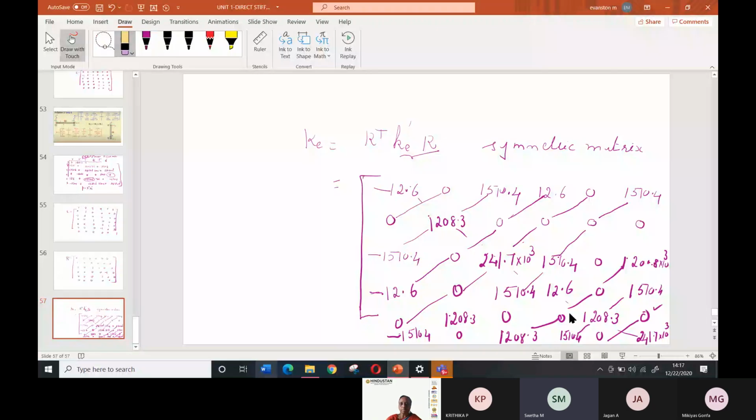That's the way, if you are committing any mistake in your calculation, you can find it out in your examination. 120.8 into 10 power 3. So this is symmetrical. Upper diagonal will be equal to lower diagonal.